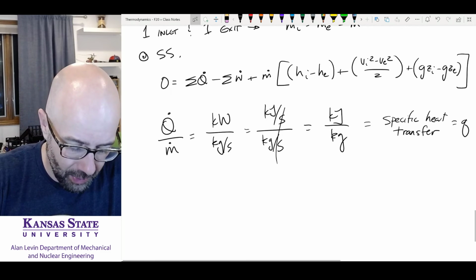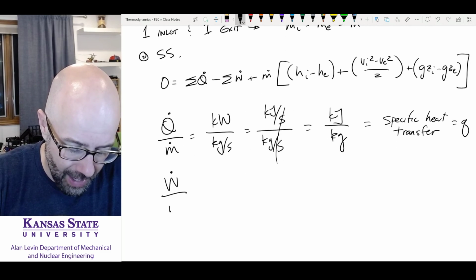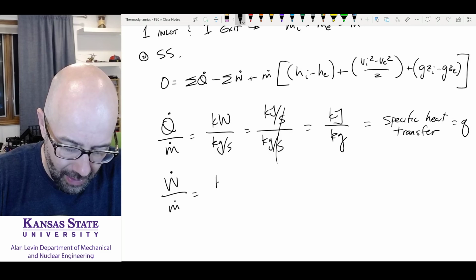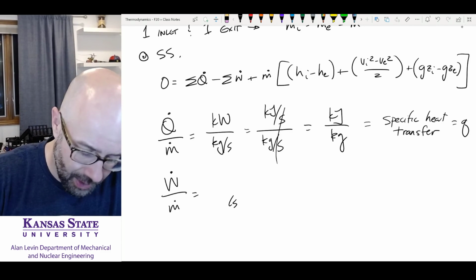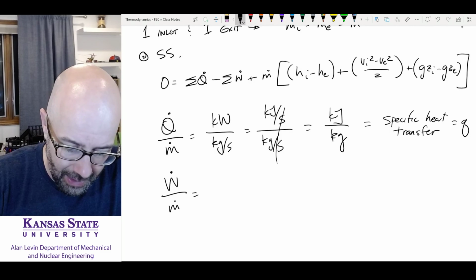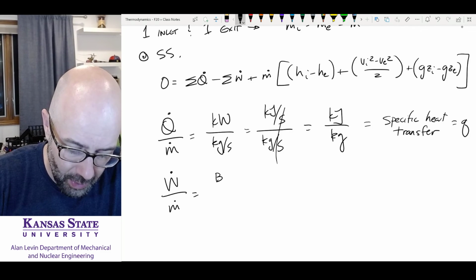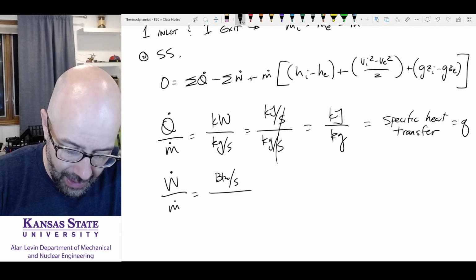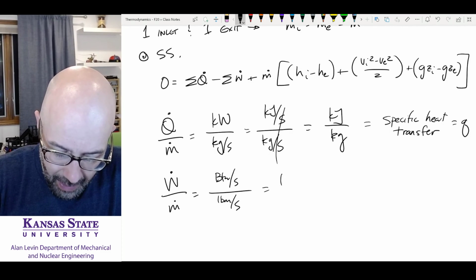Same thing happens with power. When we divide it by mass, it has the same units. Let me just do this in BTU per second divided by pound mass per second. We're going to get BTUs per pound mass.